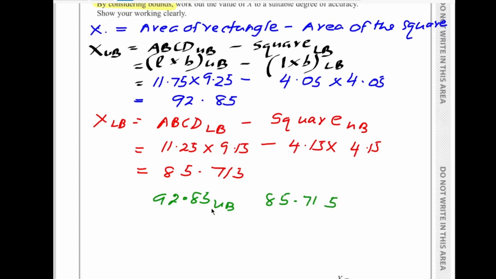This is 92.285. This is upper bound. Now let's get lower bound.